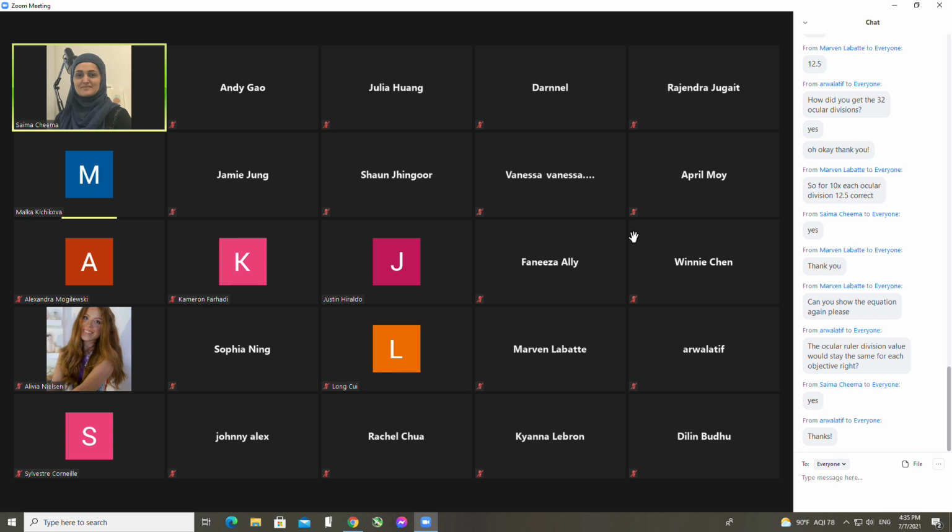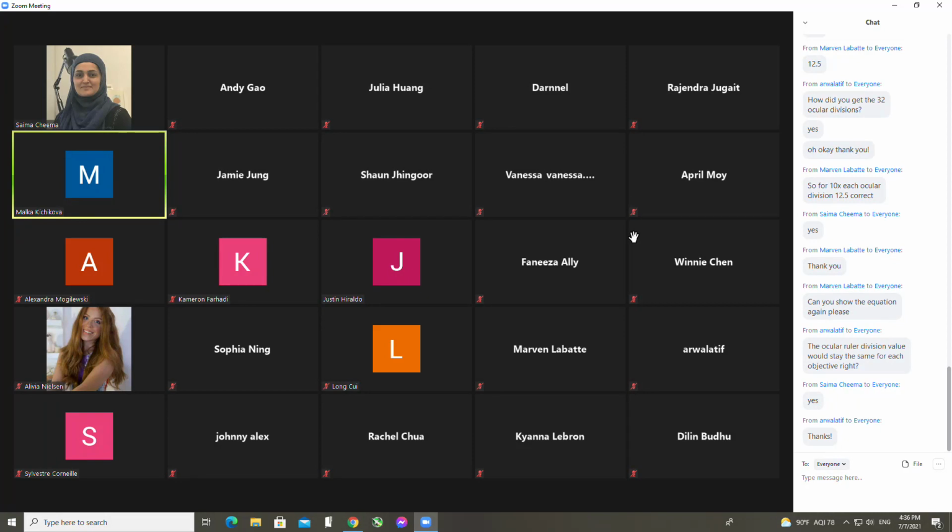I meant for the first table, the last column. I just want to make sure that I did the calculations right for the 40 and 100 objective lens. How many divisions did we have at the 40x? I don't remember.